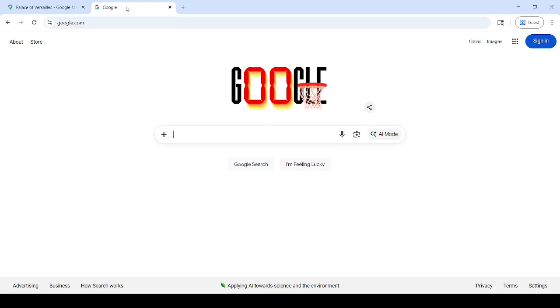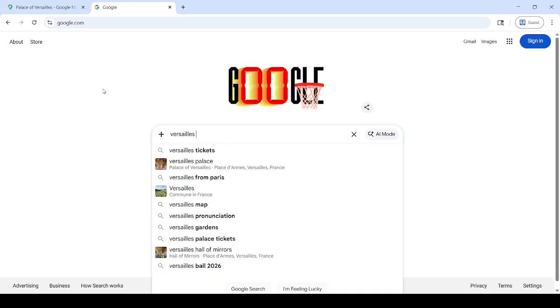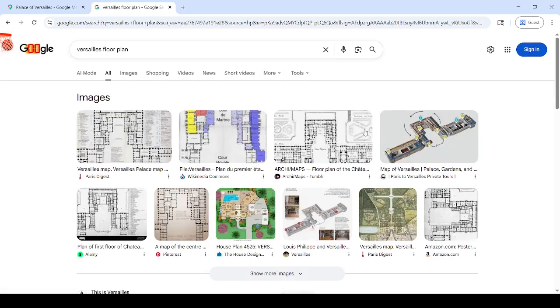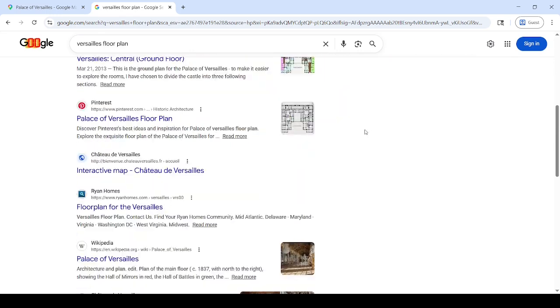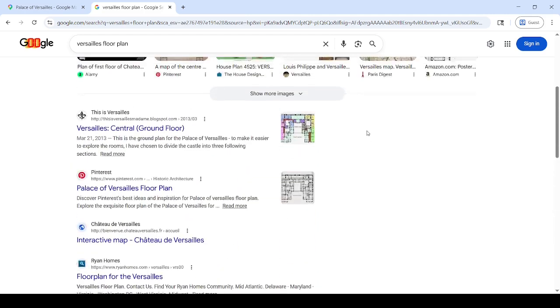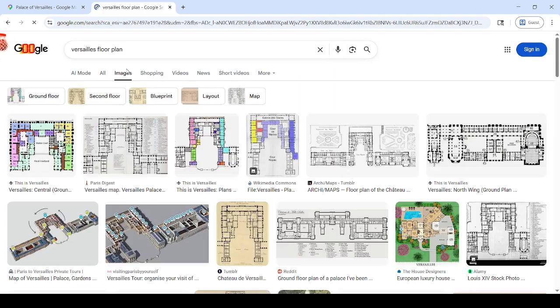Something else that is very important is knowing what the layout is of buildings. The same way as you want to look at a map when you're seeing things outside, you want to see a floor plan to know where rooms are. Now, you can look up floor plans, but you always want to be careful to make sure that you're getting the right thing.